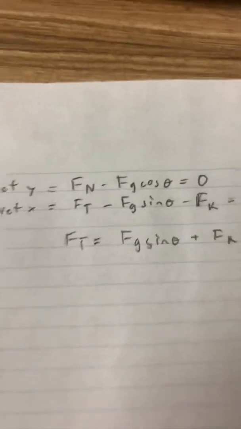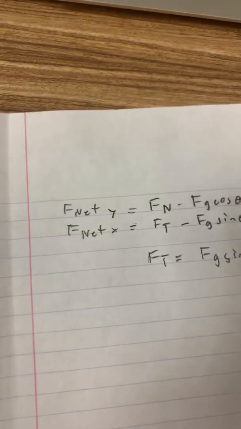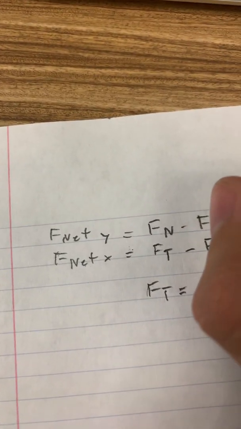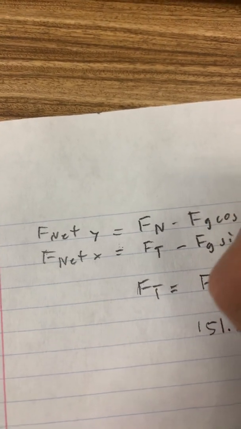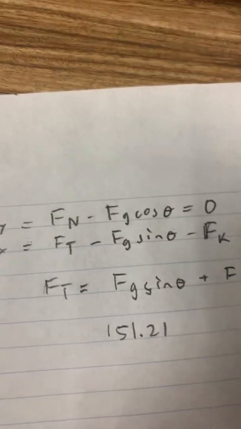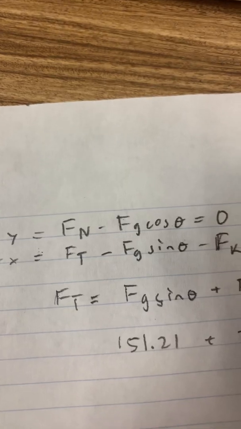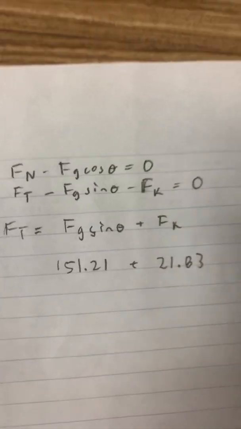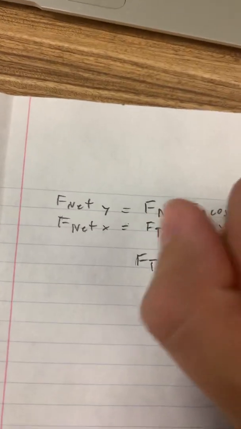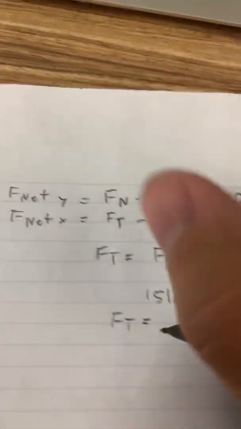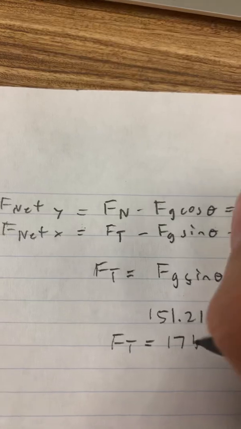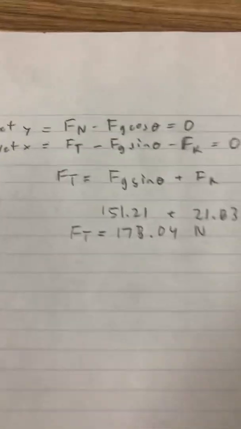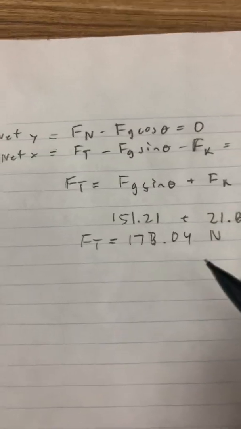So if we plug in what we've gotten from our givens, it will be 151.21 plus 21.83. Adding that up, we'll find that Ft is equal to 173.04 newtons. Okay, so what can we now do with Ft?